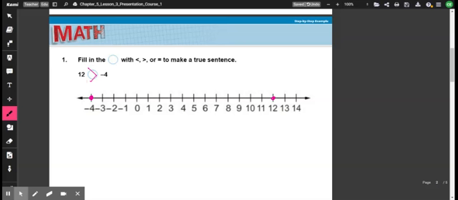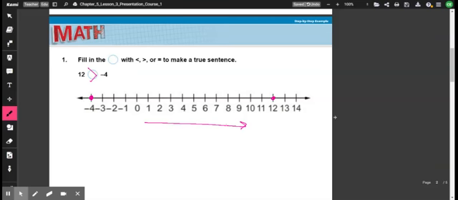That will go towards my groceries. If you like owing $4, that's not good. So since 12 is all the way to the right of negative 4, 12 is going to be greater than negative 4.